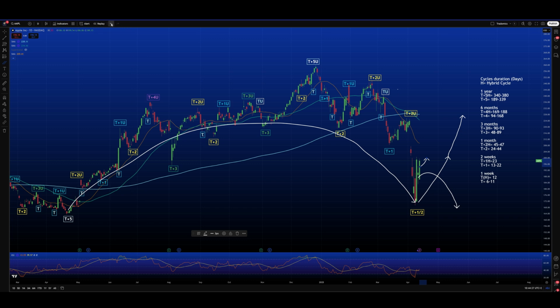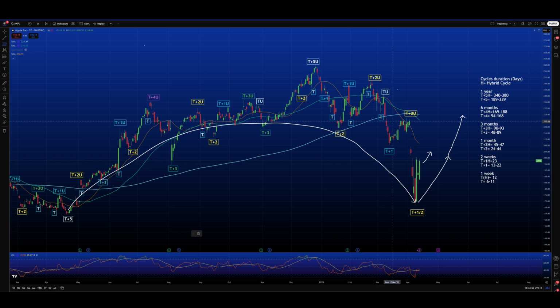Okay. We have to look at the market, and given that there is high volatility, we have to see day by day what is happening. But this is the situation that we have on Apple. So if from this low we have more than a T plus 2, T plus 3, as I said, I'm expecting a little bit more push to the upside until reaching the first resistance at the moving average 21.